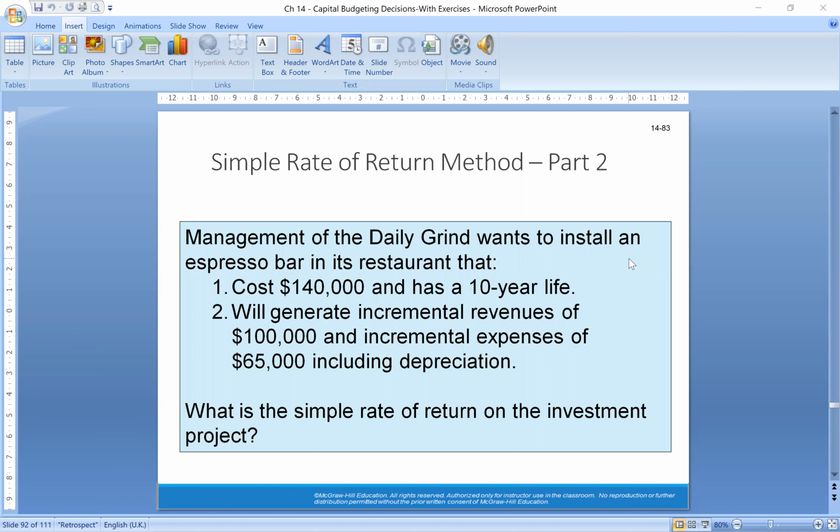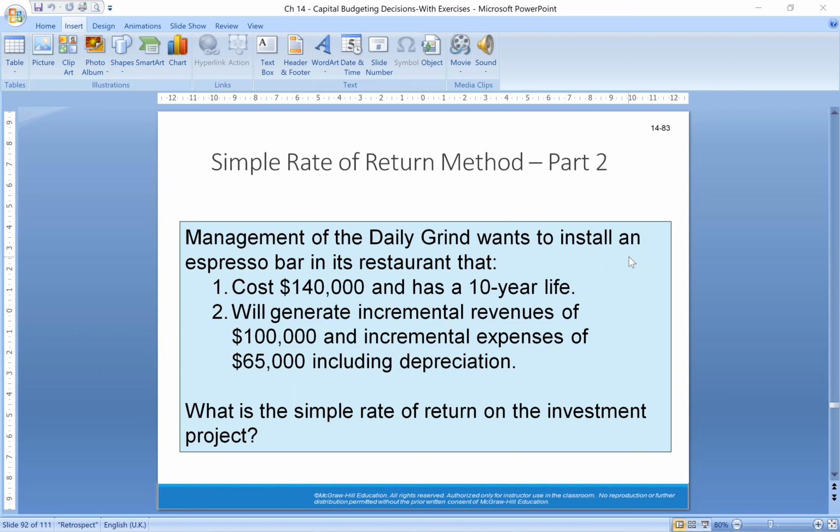Go back to the formula. Annual incremental net operating income. What does net operating income mean? Net operating income, or net income, is revenues minus expenses. The word incremental means addition. So we have 100,000 in revenues and 65,000 in expenses.